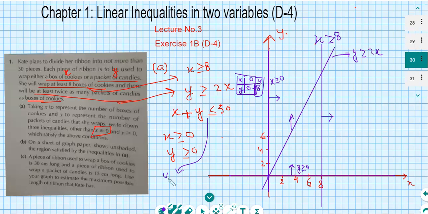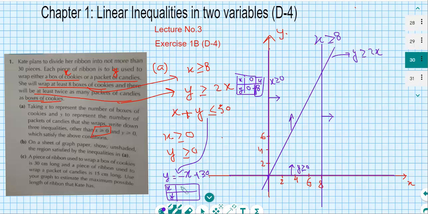So y equals minus x plus 30. So I'm making a table here. X, y. So if I put 10 here, I get 20.